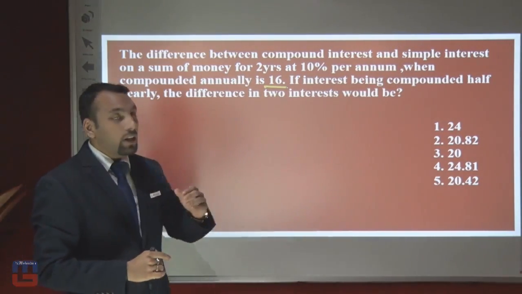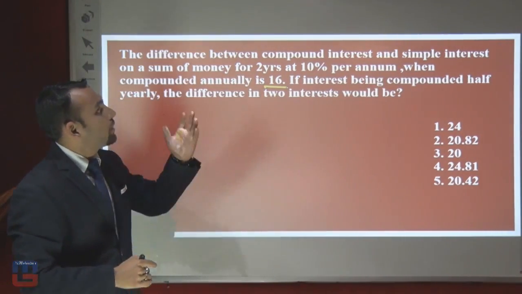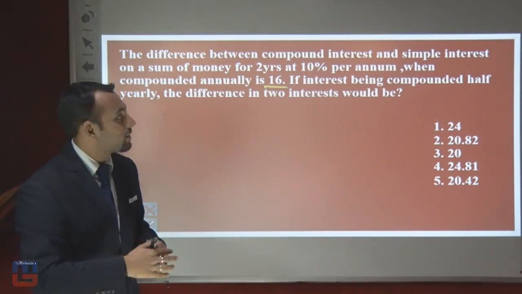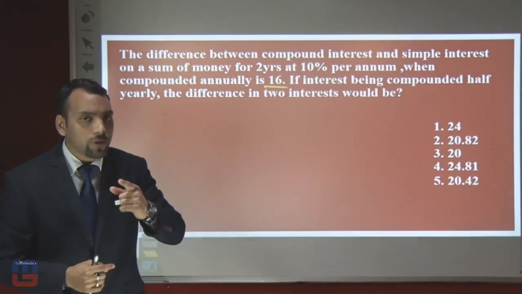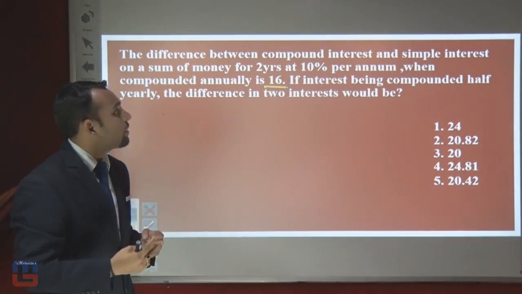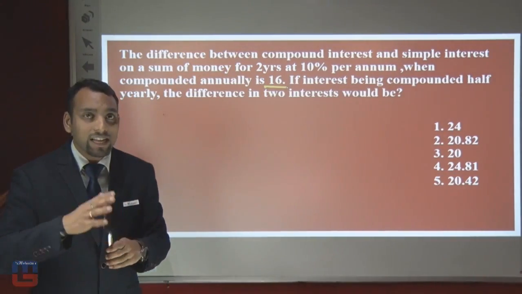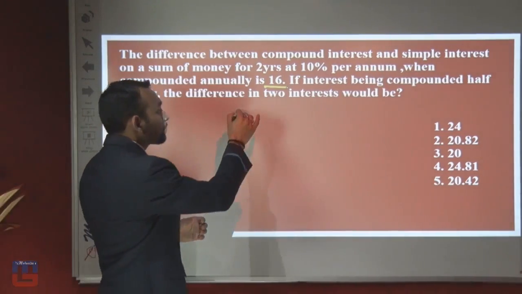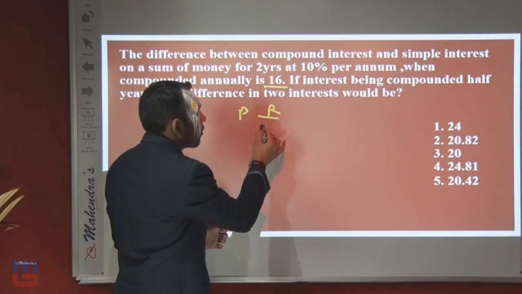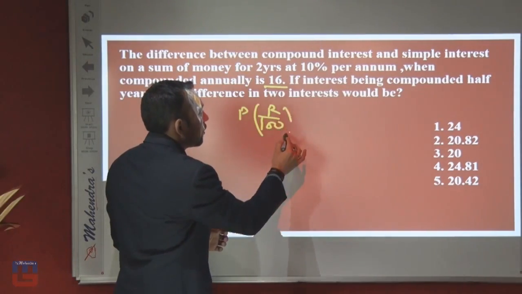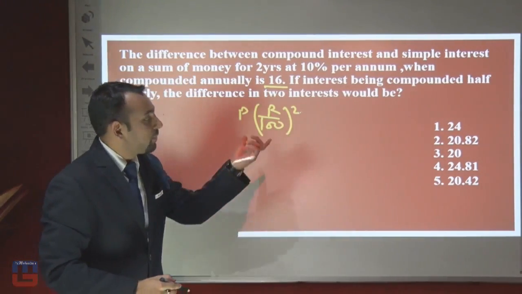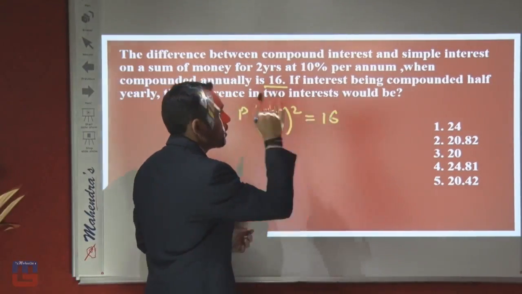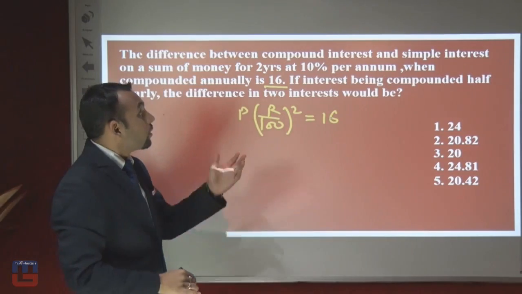Now see, basically we have the difference between the simple interest and compound interest for 2 years, that is 16. As you all know, we have a formula. If the difference of compound interest and simple interest for 2 years is given, then the formula is P times (R upon 100) whole squared, and this difference is given here as 16.